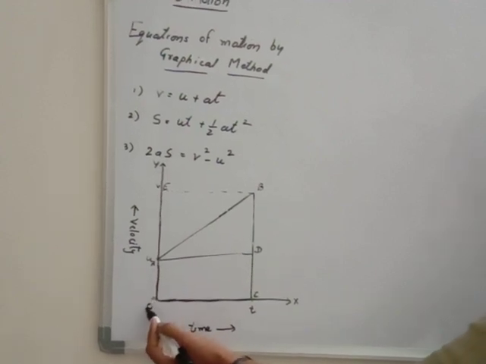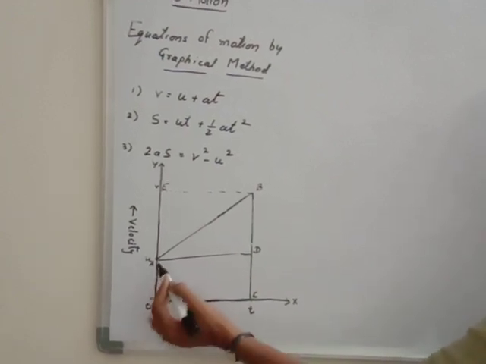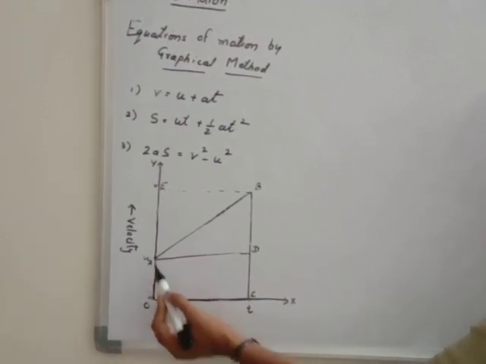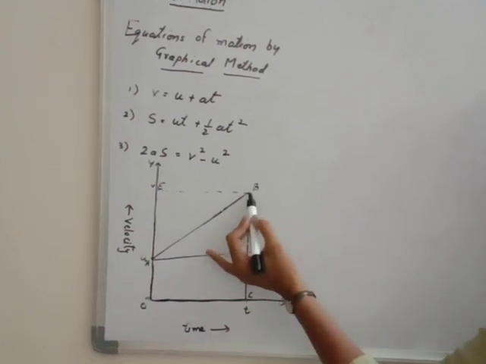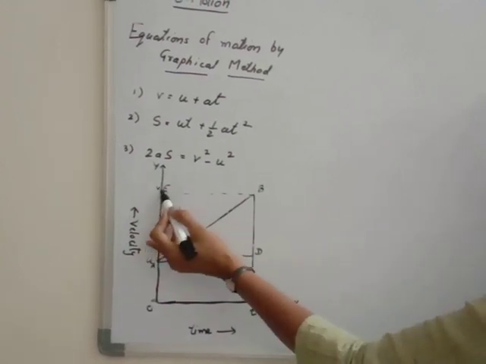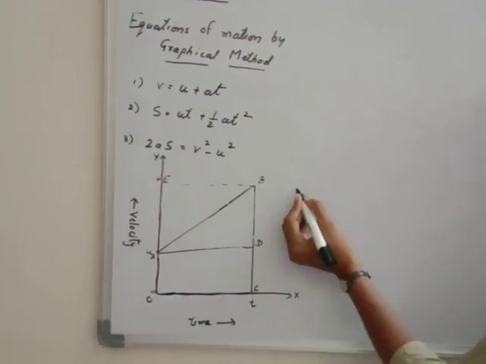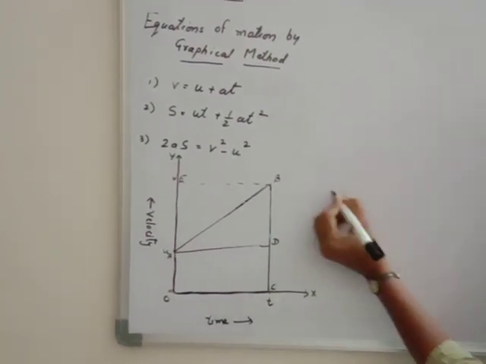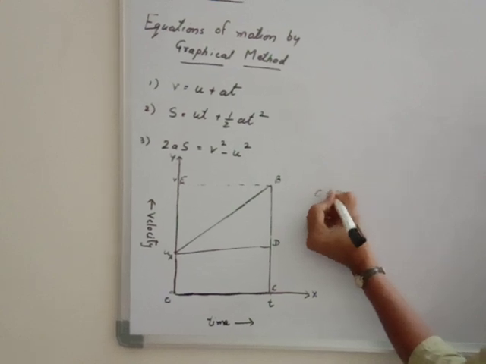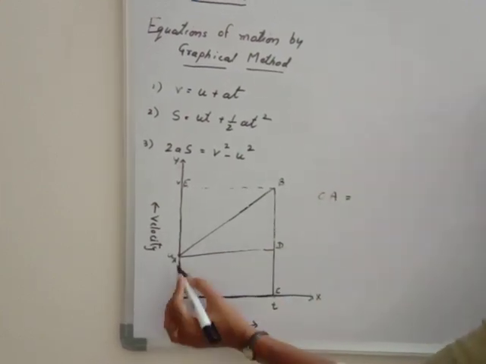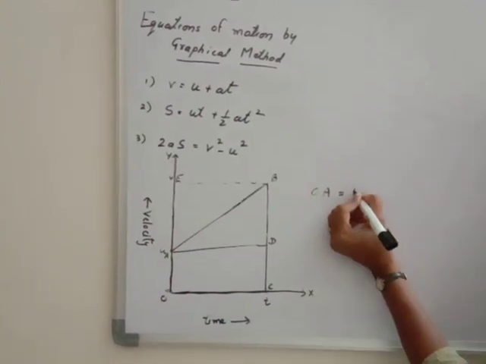Now see, here when the time is 0, the velocity is u, and when the time is t, the velocity is v. When t is 0, velocity is u. That means initial velocity is u. We say that OA, this is point O, this is point A, is u.